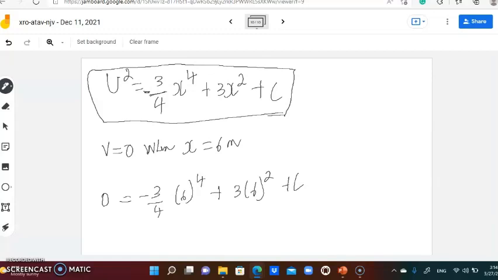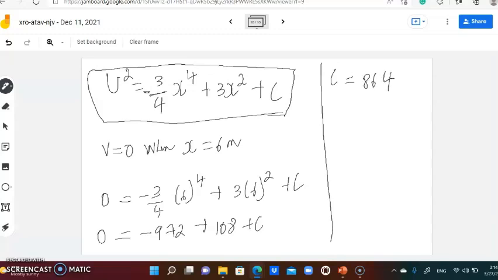So that's going to give me negative 972 plus 108 plus c, and all of that of course is equal to 0, which means that c is equal to 864.